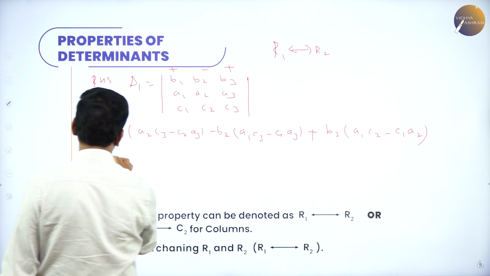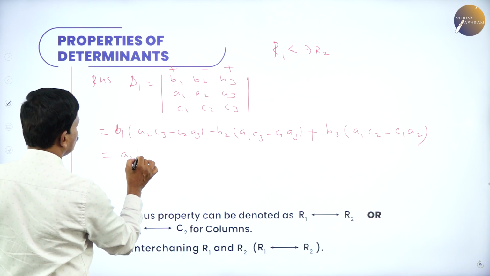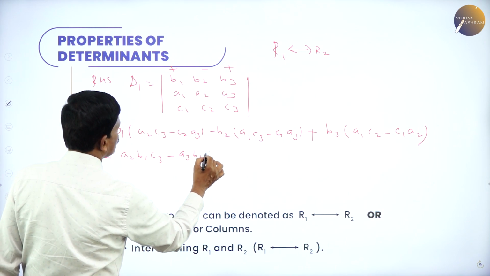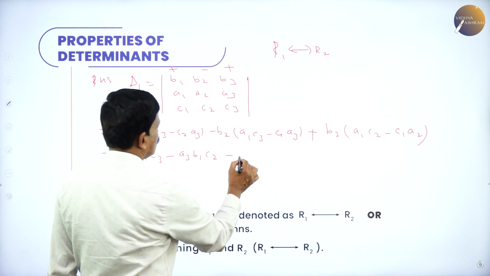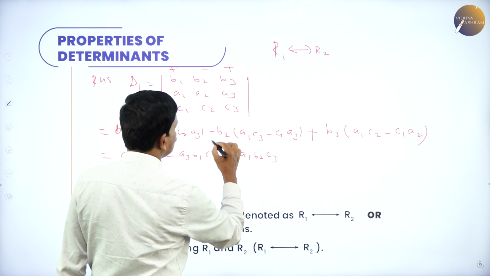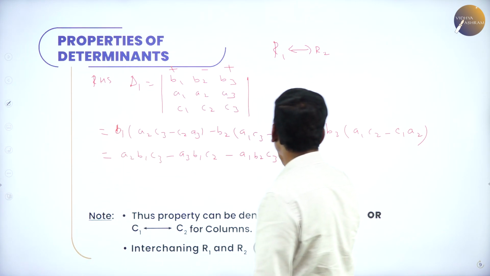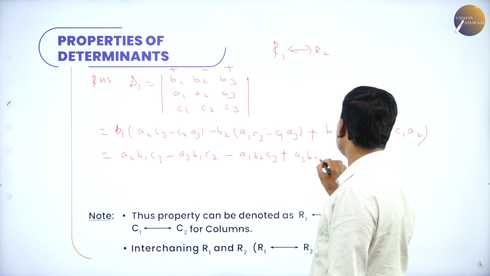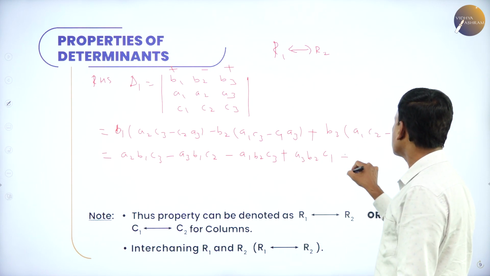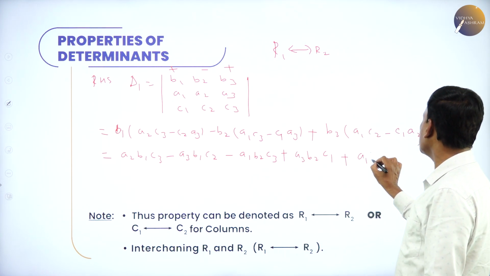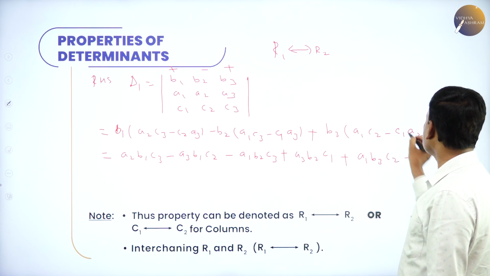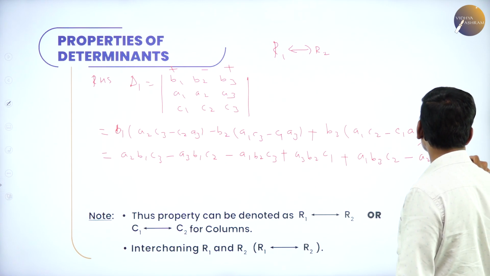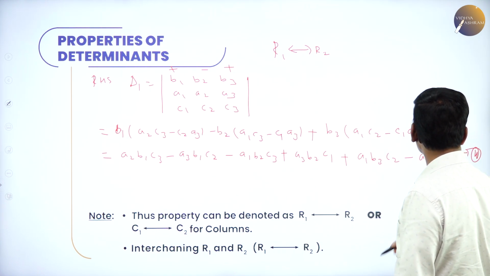So this is equal to, simplify this, A2 B1 C3 minus A3 B1 C2, minus A1 B2 C3, plus A3 B2 C1, plus A1 B3 C2, minus A2 B3 C1. Let us represent this as equation number 2.